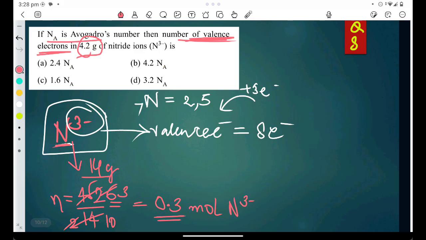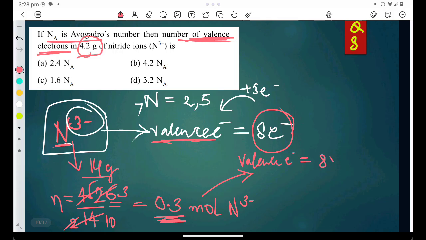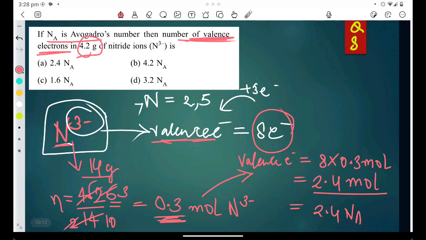Now I have 0.3 mole of nitride ion, and in one nitride ion I have 8 electrons. So in this much moles, how many valence electrons am I going to have? Valence electron is equal to 8 times 0.3 mole. 2.4 mole is the answer, and if this much mole is there, I can write it as 2.4 Na.